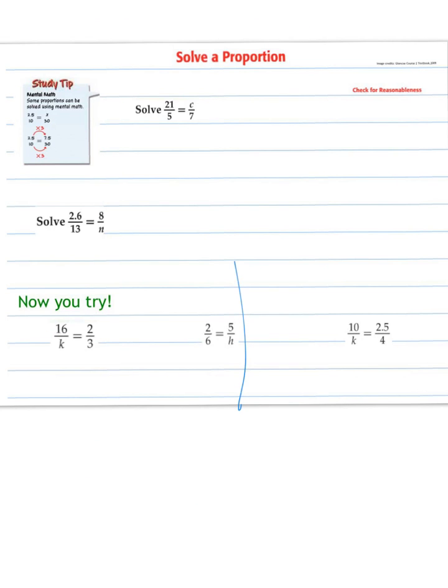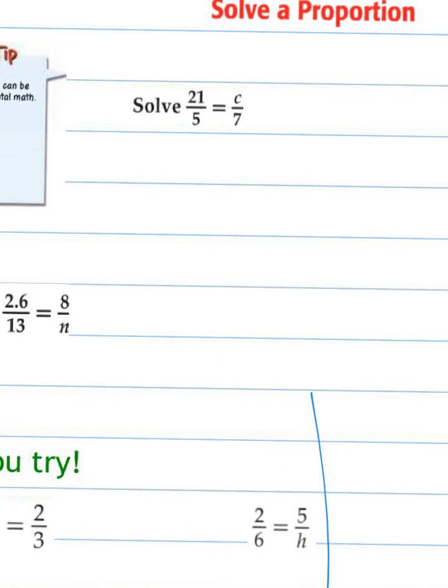All right, now we are going to solve a proportion. We are given this proportion here, and we need to solve for C. So we're going to do our cross products. 21 times 7 is equal to 5 times C. We're trying to find what value of C makes this a proportion, or makes it proportional. 21 times 7 is 147, and 5 times C is just 5C.